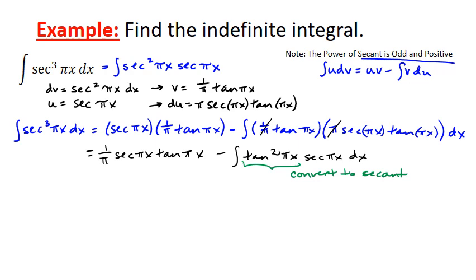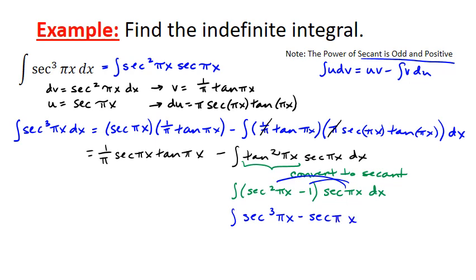So converting this, I get the integral of secant squared of pi x minus 1 times this secant of pi x. Just like before, we will distribute this. So this is secant cubed of pi x minus secant of pi x.